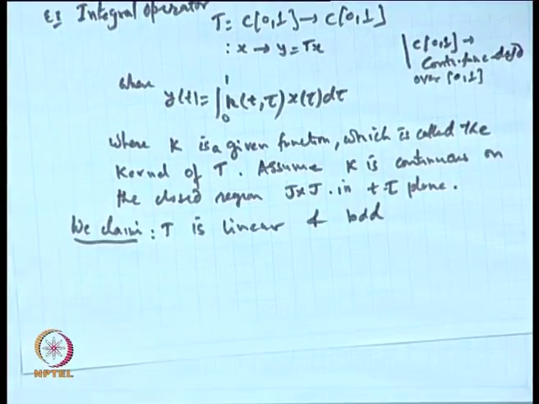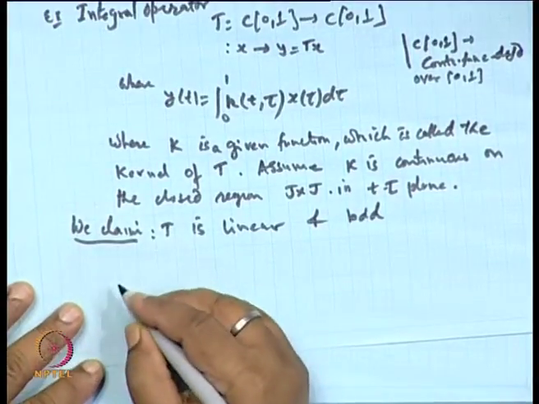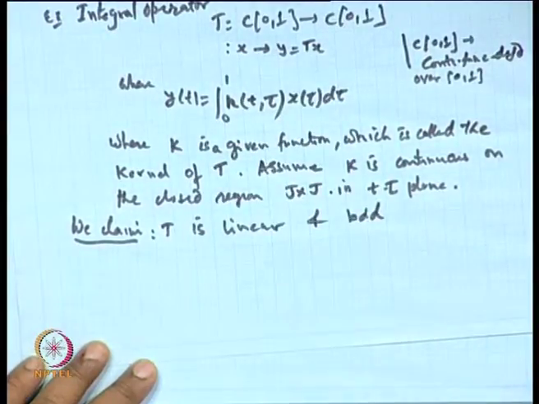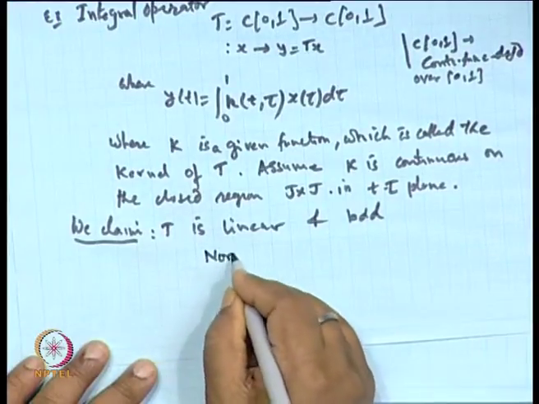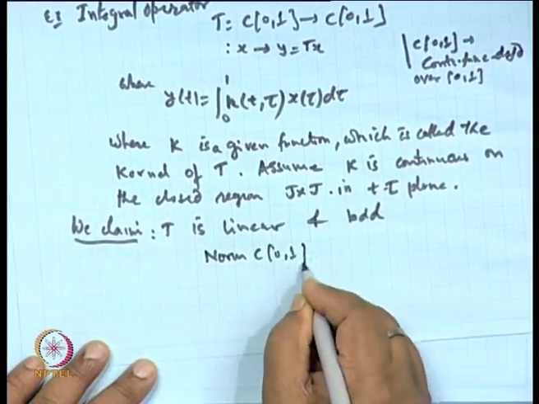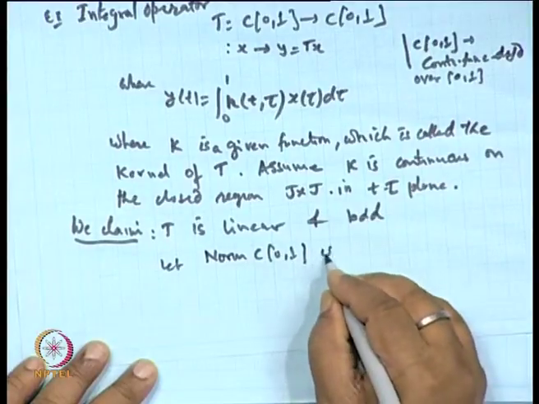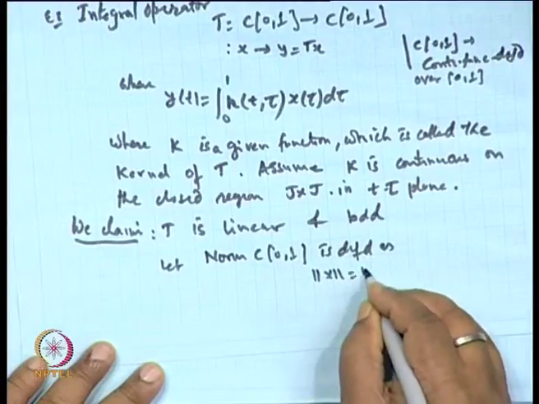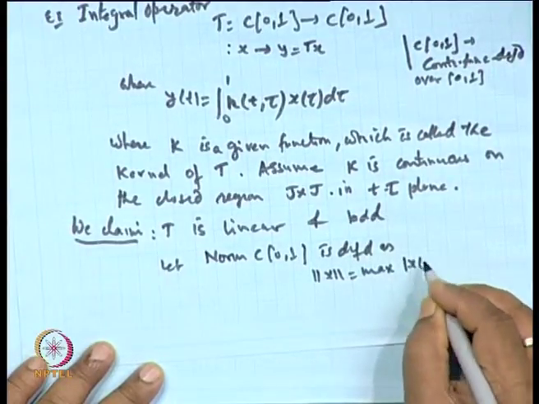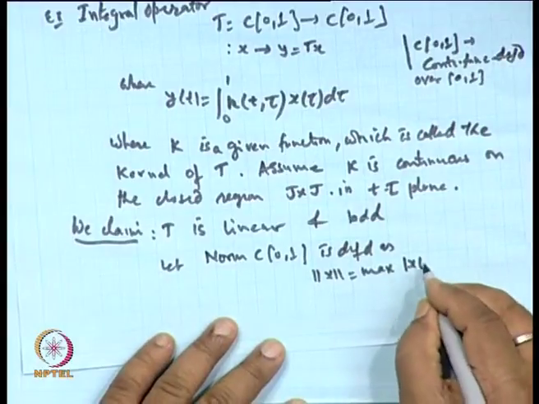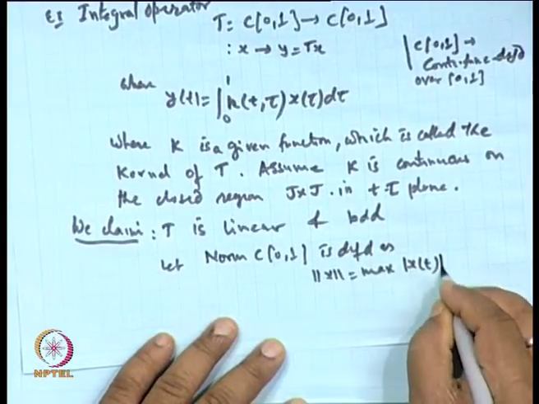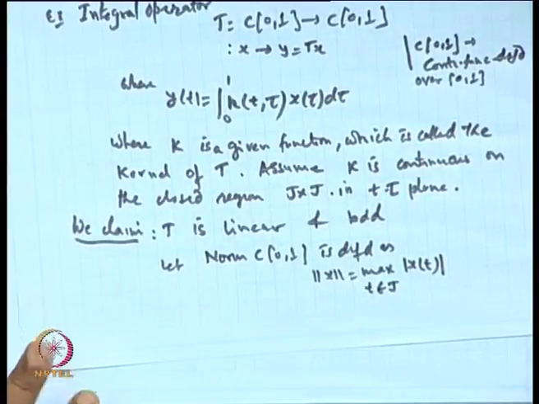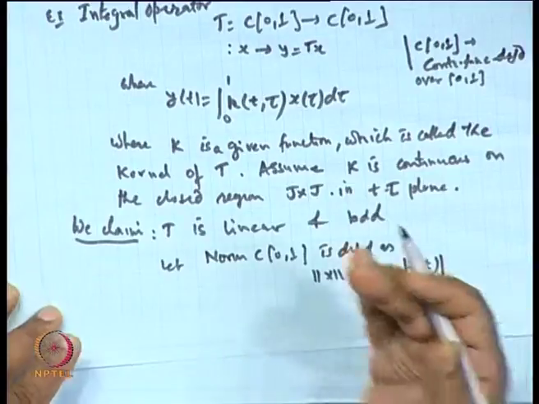To show the boundedness, let us see. The function is a continuous function, and the norm on C[0,1] is considered as the norm of x equal to the maximum of mod x(t), where t belongs to J. Because there are two ways of defining the norm, one this way, another the integral form.